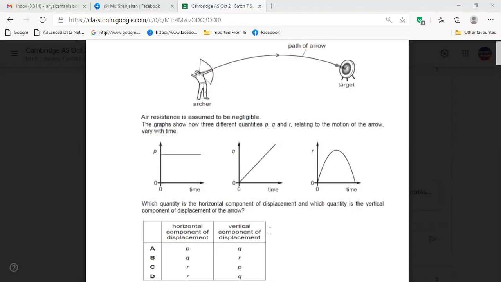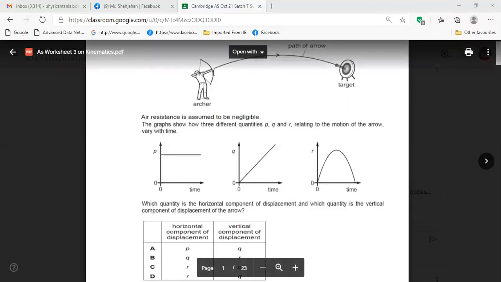So which one is showing you that one? And you see, we have the varying displacement here, right? For the vertical component, it's going up, then it's going down, right? Isn't it? So which one is matching with this? First one or third one?